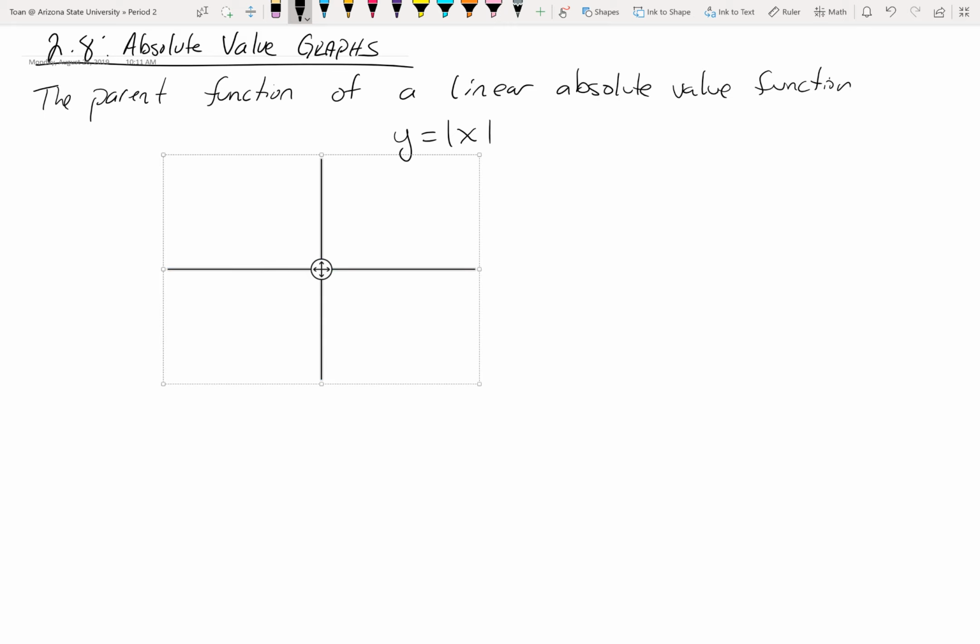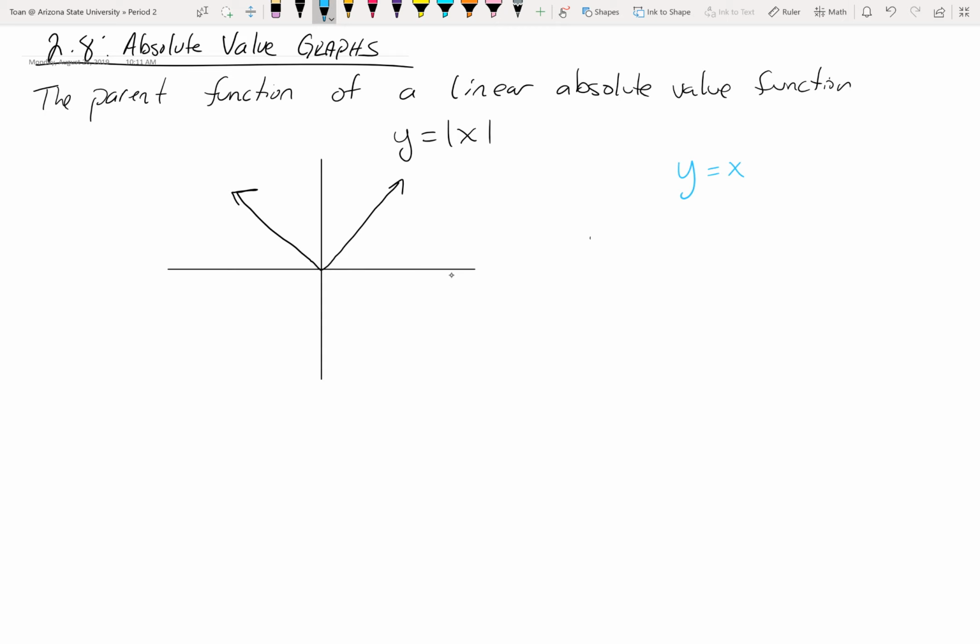And I'm going to freehand this because I can't draw it perfectly with preform shapes. So we should have seen that it looks something like a perfect V. And that should make sense because if you think about what a regular line does, this is sort of scratch work on the side here.